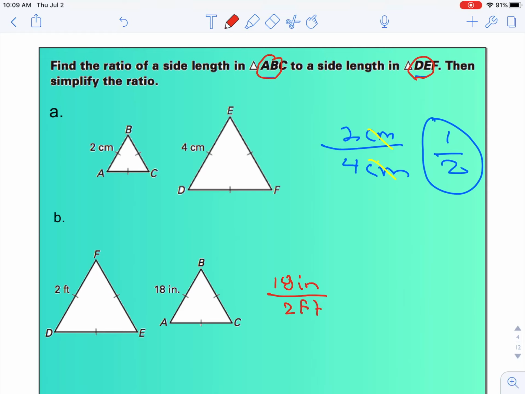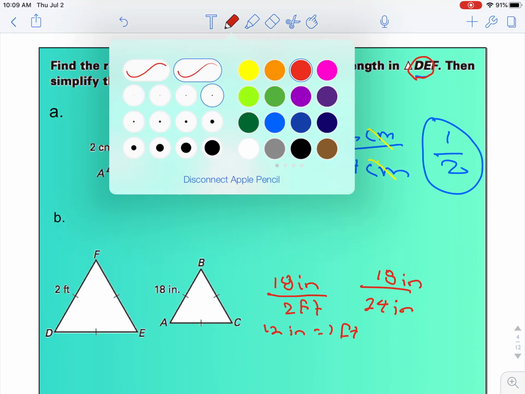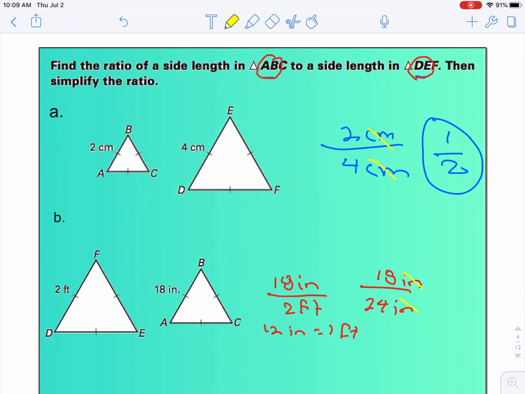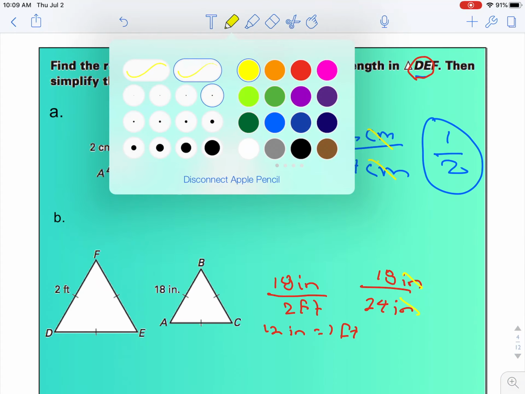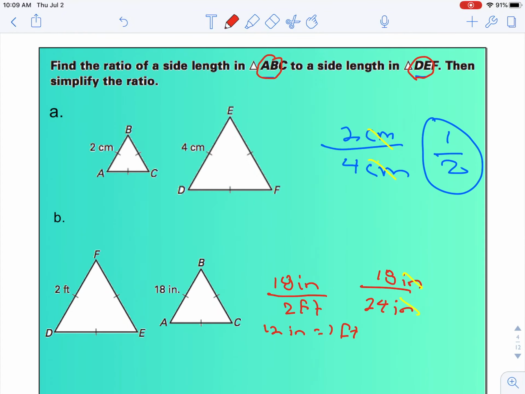So I know that 12 inches equals 1 foot. So 2 feet would be 24 inches. Just intuitively. Again, if you don't know that, you could use dimensional analysis to solve this. But again, when I reduce my ratio, it becomes 3 over 4.